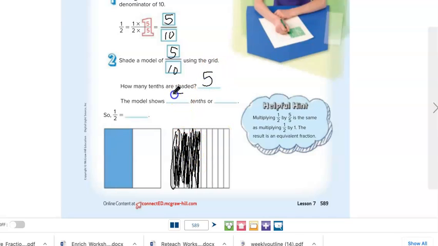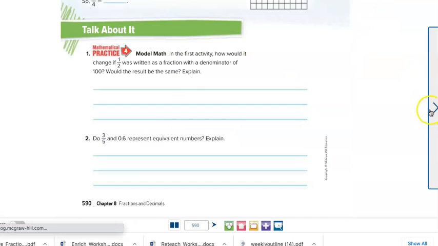The model shows 5/10. So 1/2 equals 5/10. You should see that this amount is the same or equivalent to this amount. We just have different denominators, but those are equivalent fractions. And now I do have a fraction with a base 10, so I could write 5/10 as a decimal.